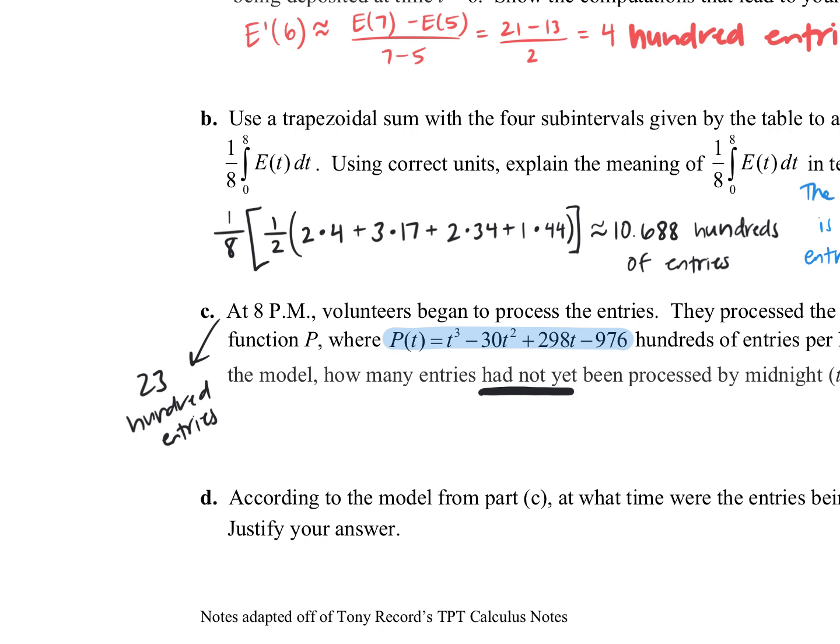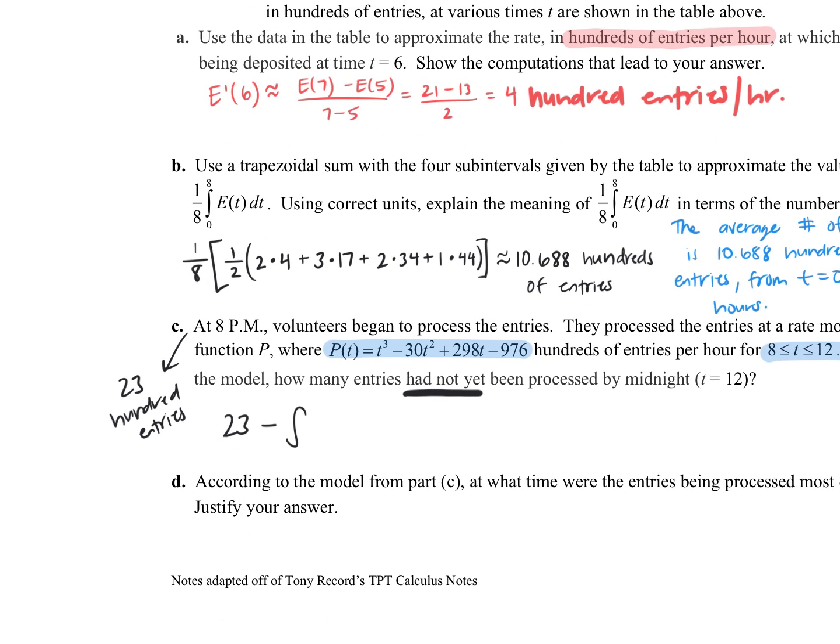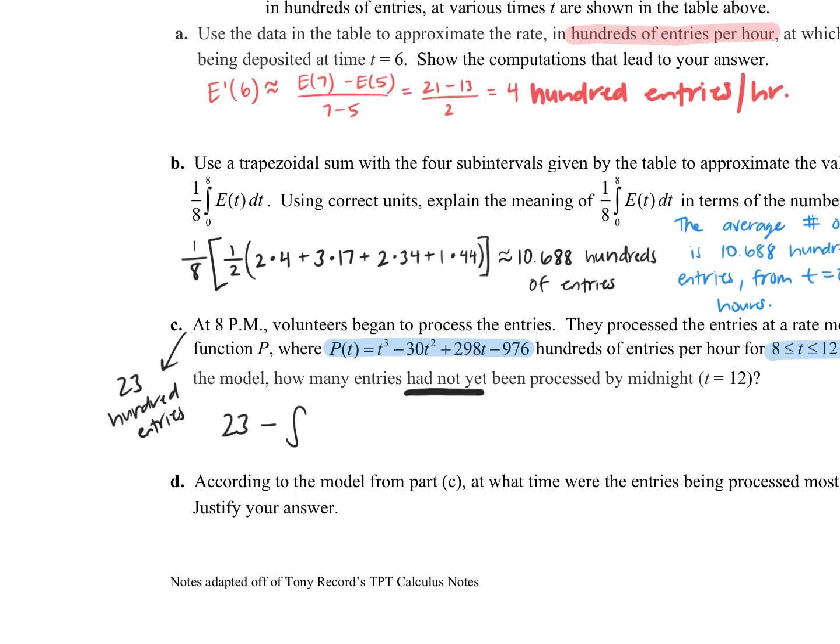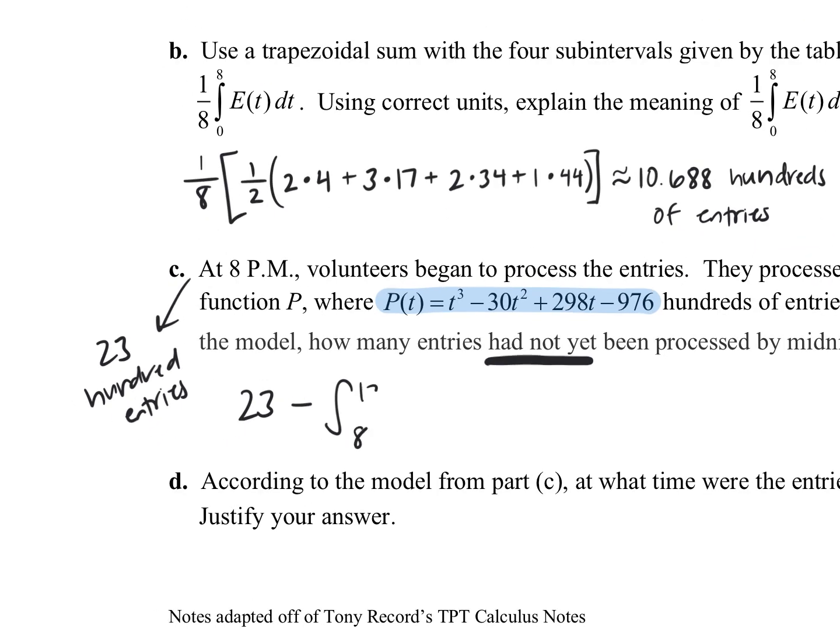So I have originally 23, and I need to subtract how much I am processing by midnight. So I'm going to have 23 minus my integral. My hours are from 8 to 12, of my function p of t.